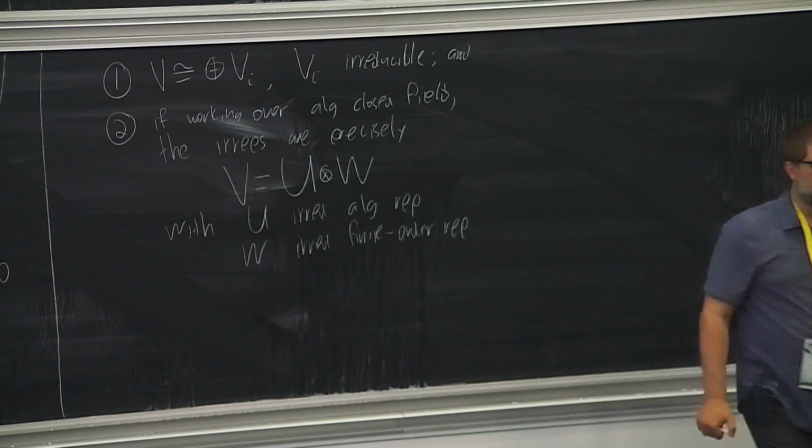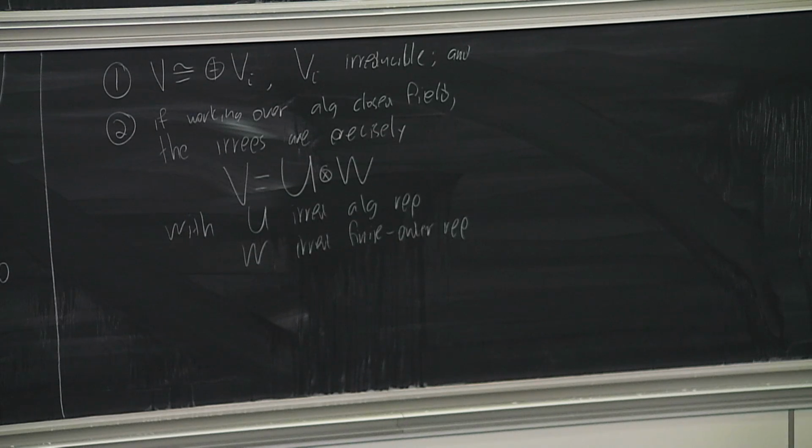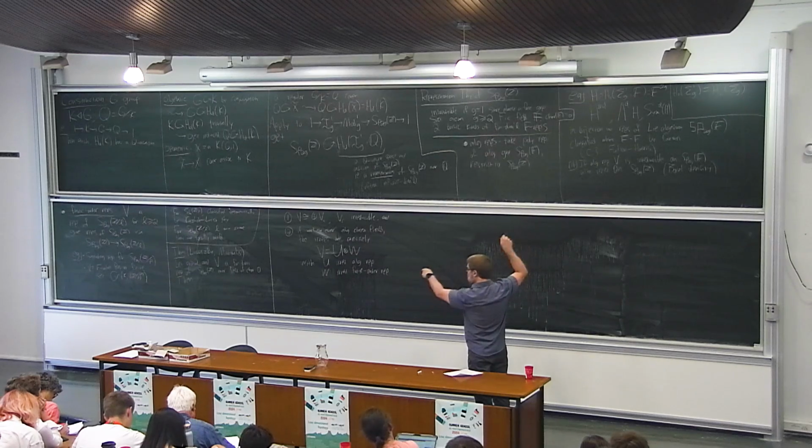So every irreducible representation is a tensor product in a unique way, of an irreducible rep of each of these two flavors.